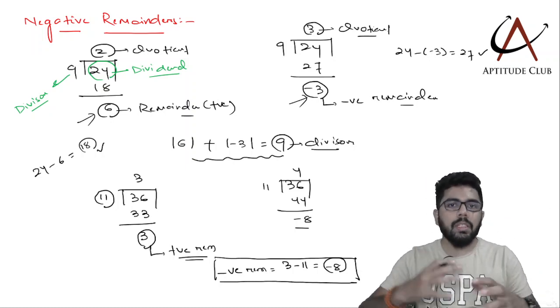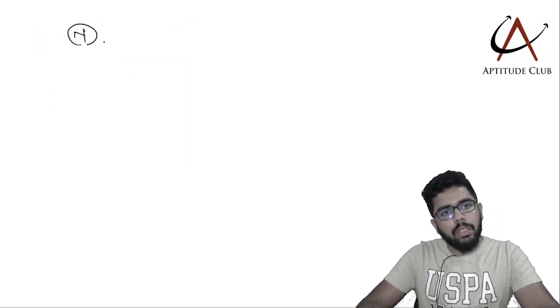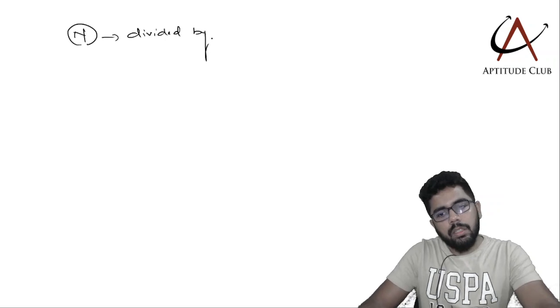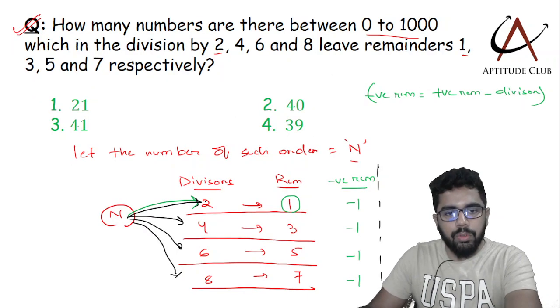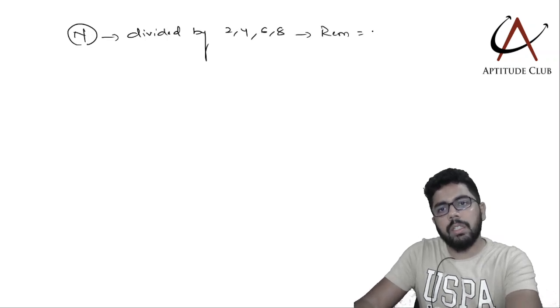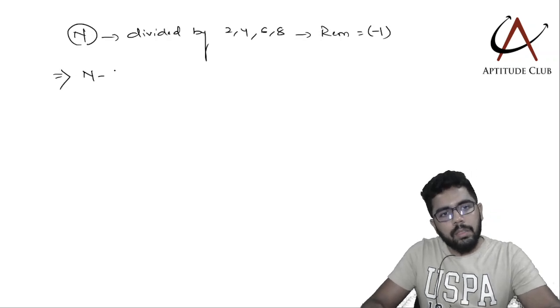So whatever is the remainder, you take it out. So let me rewrite here n when divided by 2, 4, 6 and 8, the remainder is minus 1 in each case. That means n minus 1.